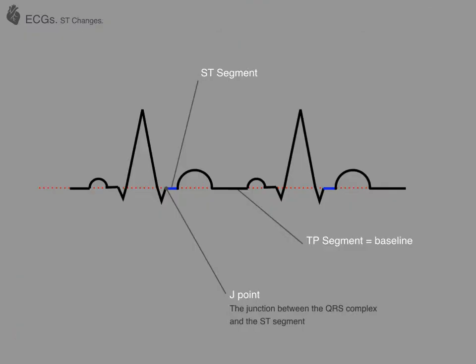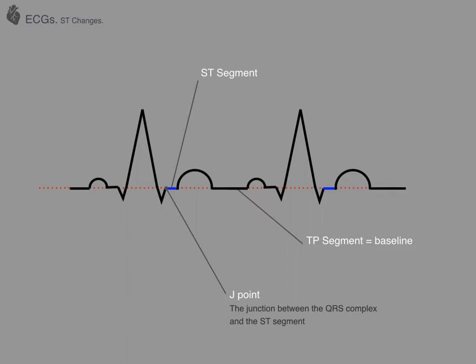So now let's think about how we'd actually determine ST elevation on an ECG. In my previous talks on the key concepts of ECG, we talk about the labelling of different segments and waveforms on an ECG.